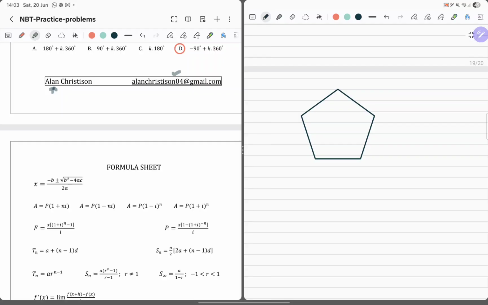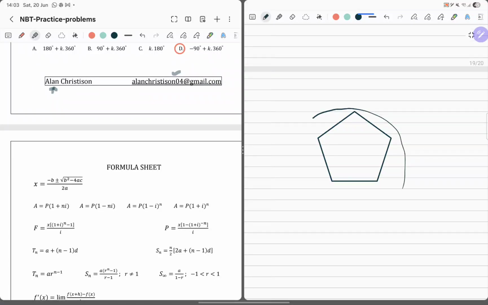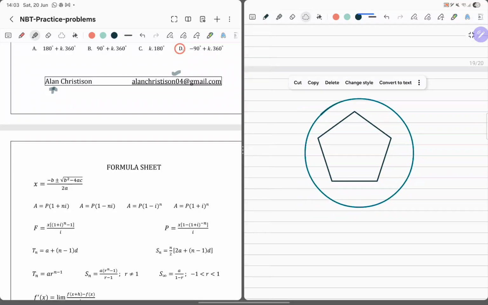Okay guys, we can assume everything is working out nicely. Let's take you to the center. So we said there's a circle passing through the things.